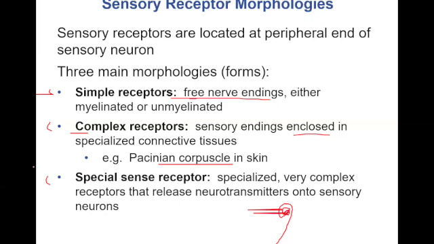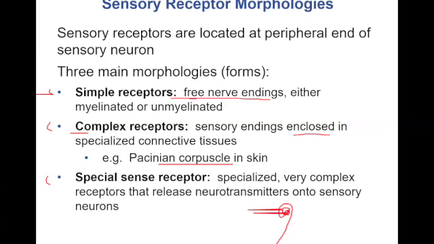So the special senses function because we have neurons, and these specialized cells can be classified as having these 3 basic types of receptors. We have simple receptors that some of these specialized cells are going to have, we have complex receptors, and we have special sense receptors.